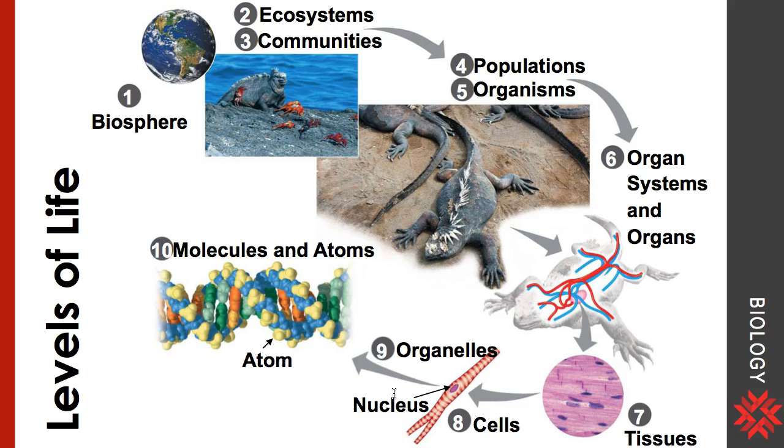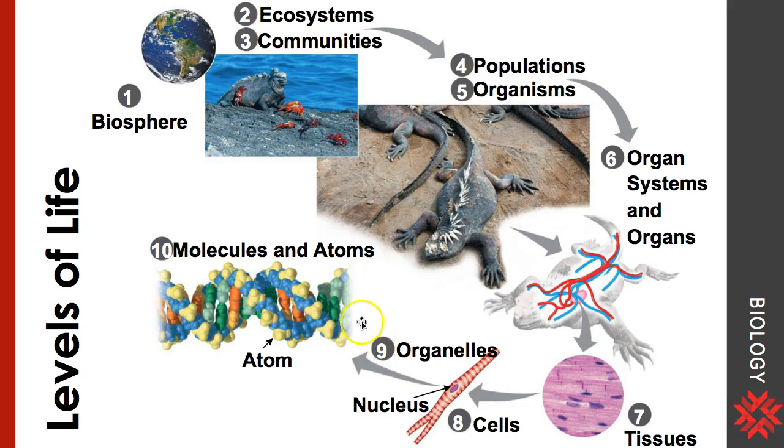But there's still lots to learn from that level of organelles. So we said we've got the nucleus, you've got things like the endoplasmic reticulum, the mitochondria or chloroplasts. There's all kinds of different organelles that you'll learn about in Chapter 4 that all have particular functions that need to occur in order for that cell to perform its proper functions.